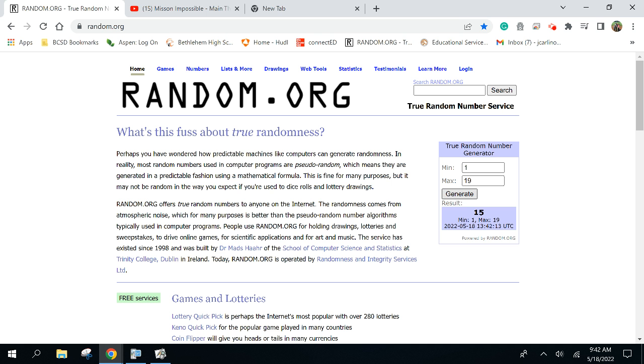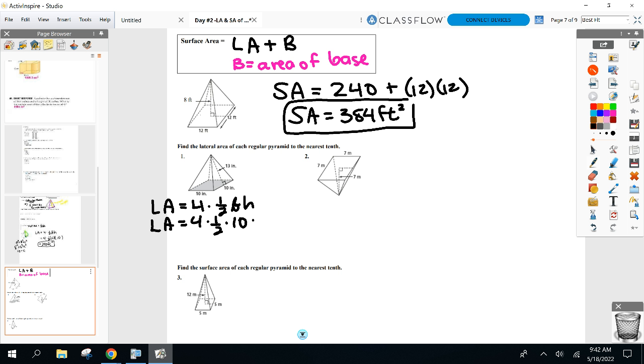Are we picking this up or not? Because I'm not getting on desks again. 5. Can I use the 13 as the height? Who's 5? Is this the height of the pyramid, Jackson, or is that the slant height on the face? Okay, so guess what? It's going into the formula. Everyone good? Why I don't need to use Pythag? Yes? No?